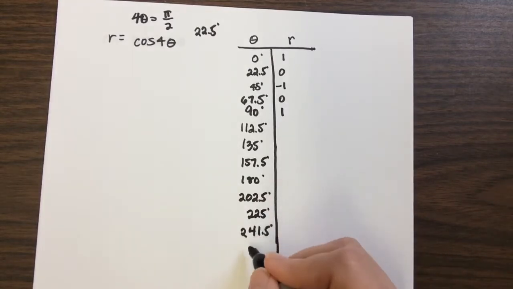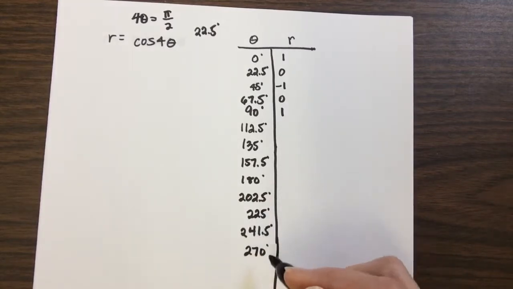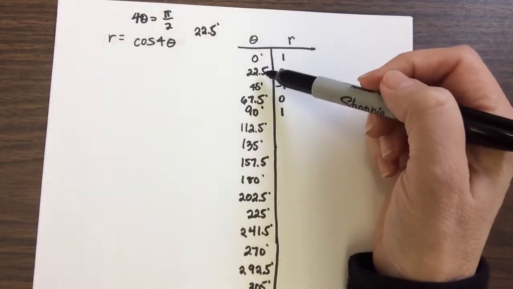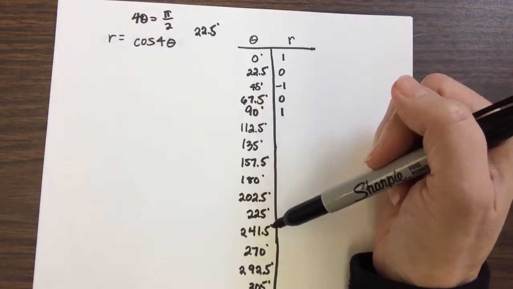There's a lot of values, I know, but I want you to see what's going on before we start doing something else with it. Alright, so here we go. We've got all our angles in an increment of 22.5 all the way to 360.